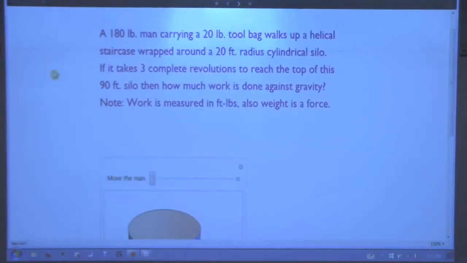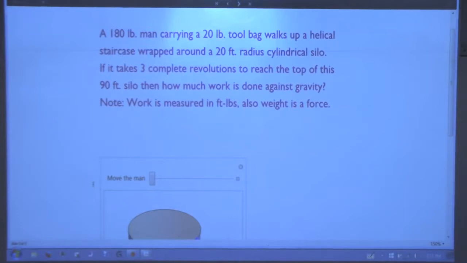All right, now this is a problem I took out of the book, and for those of you who've taken physics, you may have seen something like this, and there may possibly be an easier way to do it, but let's just stick with what we're doing in this class right now, okay? A 180-pound man carrying a 20-pound tool bag walks up a helical staircase wrapped around a 20-foot radius cylindrical silo.